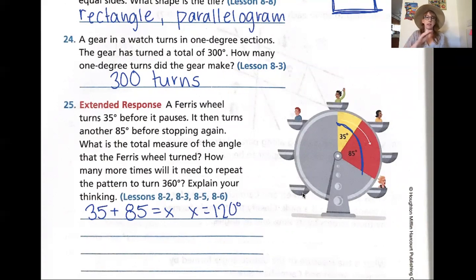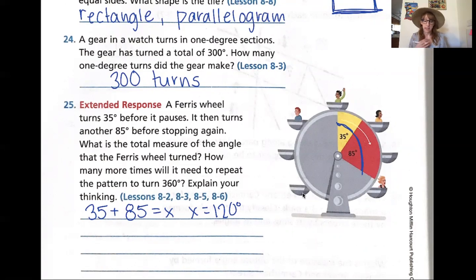Now for it to make a total turn of 360 degrees, you can do it a few different ways. Like I said, you can multiply 120 by 3, and that gives you 360. You can guess and check. You can multiply 120 by 4 or 5, and then subtract by 120 until you get 360.